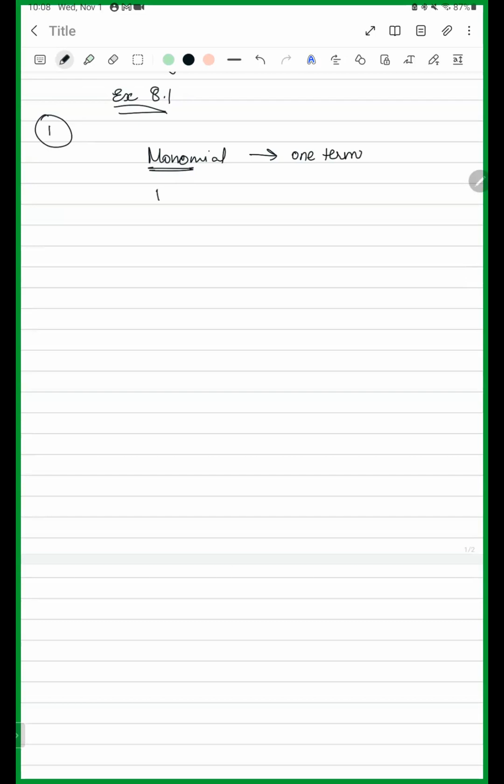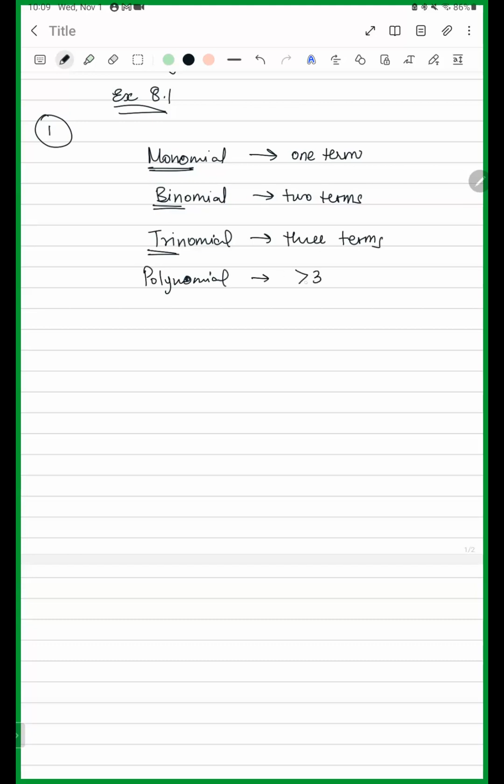Where there are two terms, it is called a binomial. When there are three terms, it is called a trinomial, just like triangle, three terms, tri. Then poly means three or more than three.